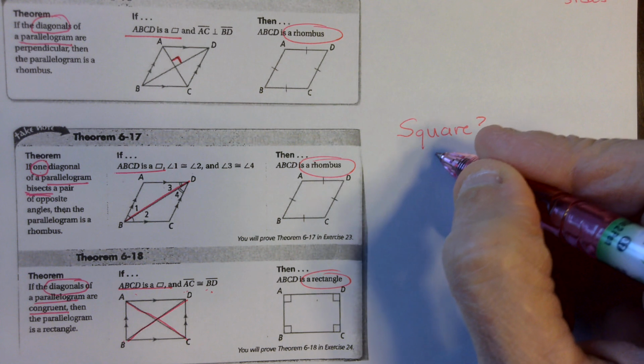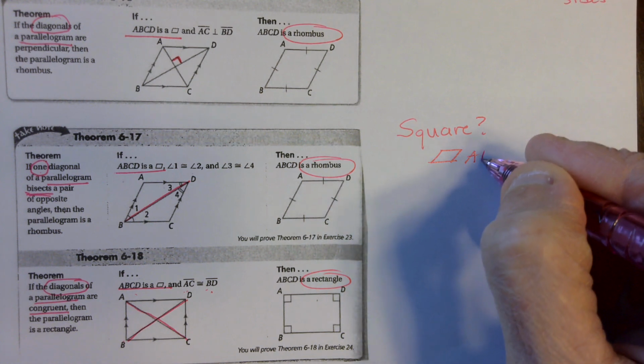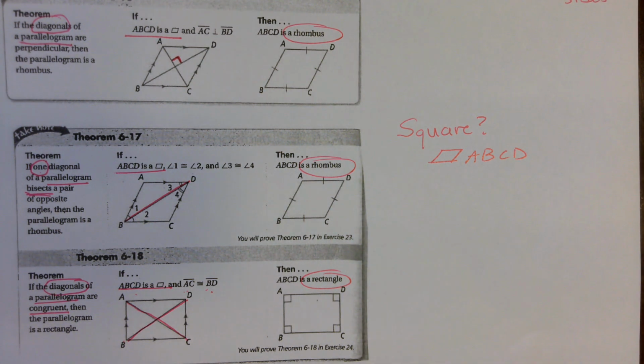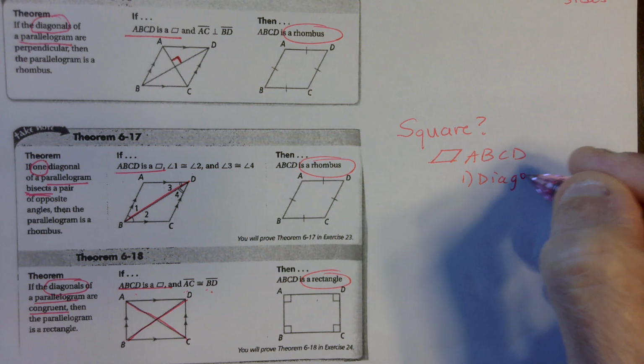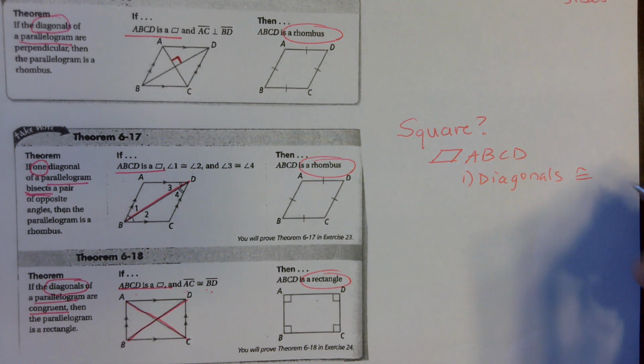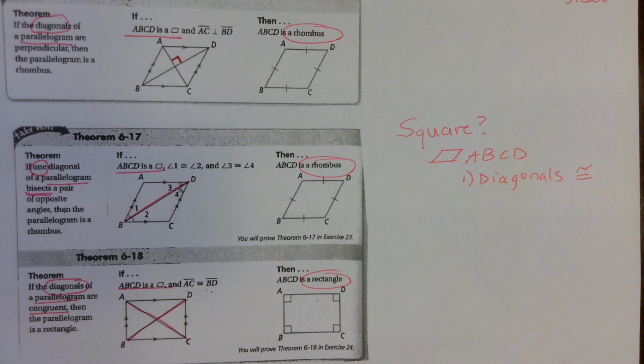You need a parallelogram with diagonals congruent and one of these other situations. If you were just looking at diagonals, you know, if you knew the sides, of course, and you knew they are all 90-degree angles, you got a square. That's probably the definition. But there's other ways to determine that you have a square too.